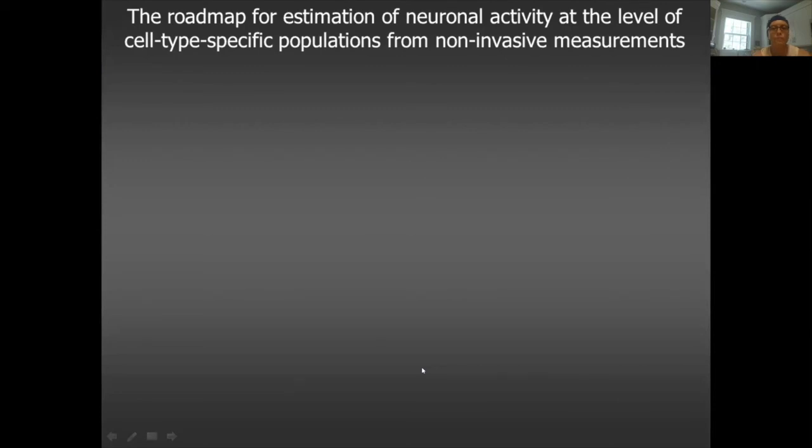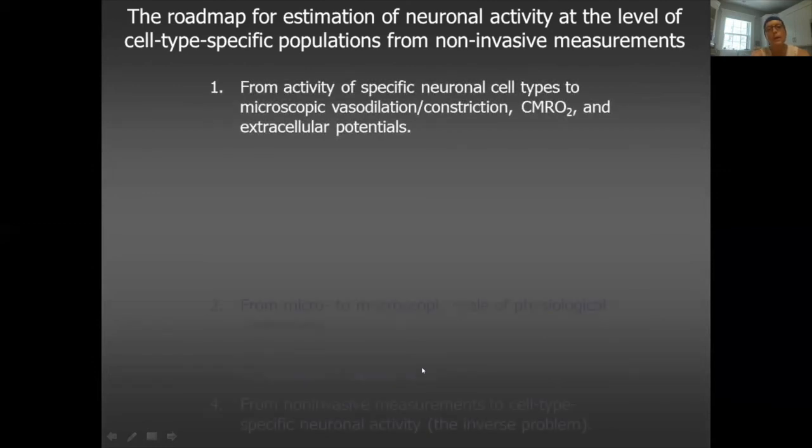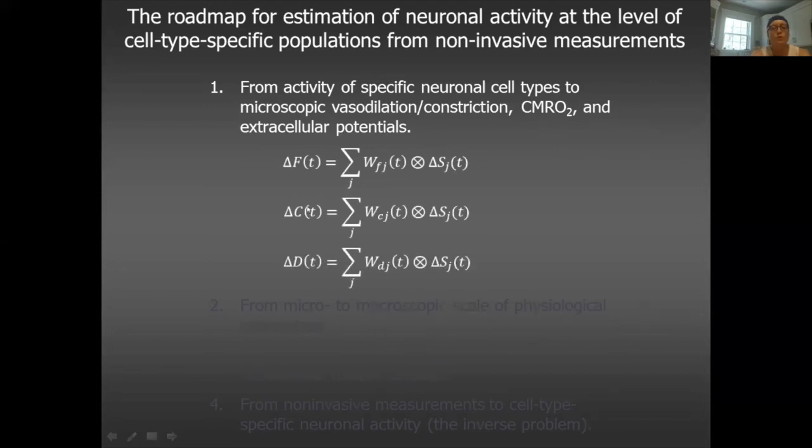Here's something that we call the roadmap for estimation of neuronal activity at this level of cell type specific populations, which has been introduced nicely already this morning. The first thing that we do is consider contributions of different populations of neurons. So this is number J of populations.